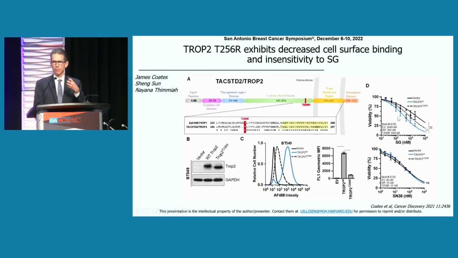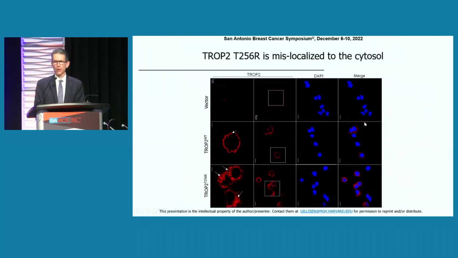If you reconstitute the mutant, they are not sensitive to SG in the same way. And the picture worth 1,000 words was this confocal immunofluorescence image, developed by Nayana Timia in the lab. Here these are individual tumor cells: wild-type TROP2 is beautifully localized to the cell membrane, but this missense mutation is entirely localized intracellularly. So, quite a plausible mechanism of resistance.